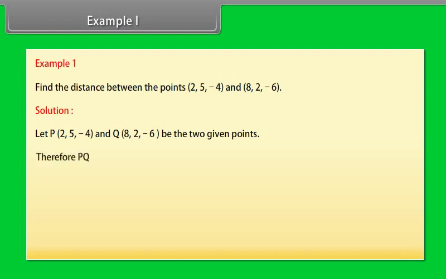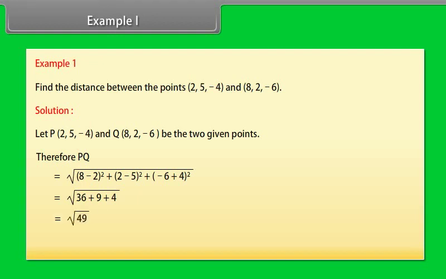Therefore, PQ = square root of (8 - 2) square plus (2 - 5) square plus (-6 + 4) square = square root of 36 plus 9 plus 4 = square root of 49 = 7.